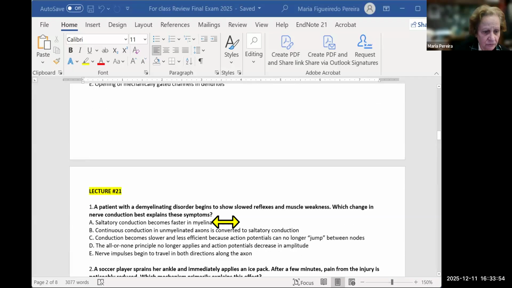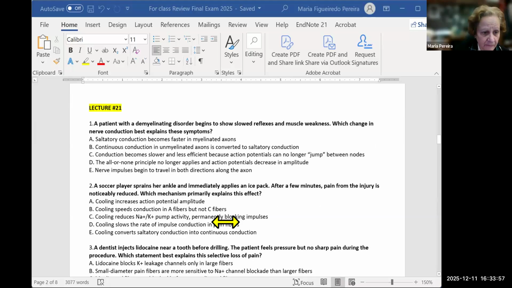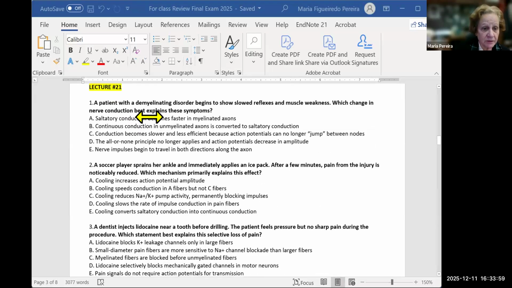Okay, we move on to lecture 21. A patient with a myelinating disorder begins to show slowed reflexes and muscle weakness. Which change in nerve conduction best explains these symptoms? So the myelination is dysfunctional.